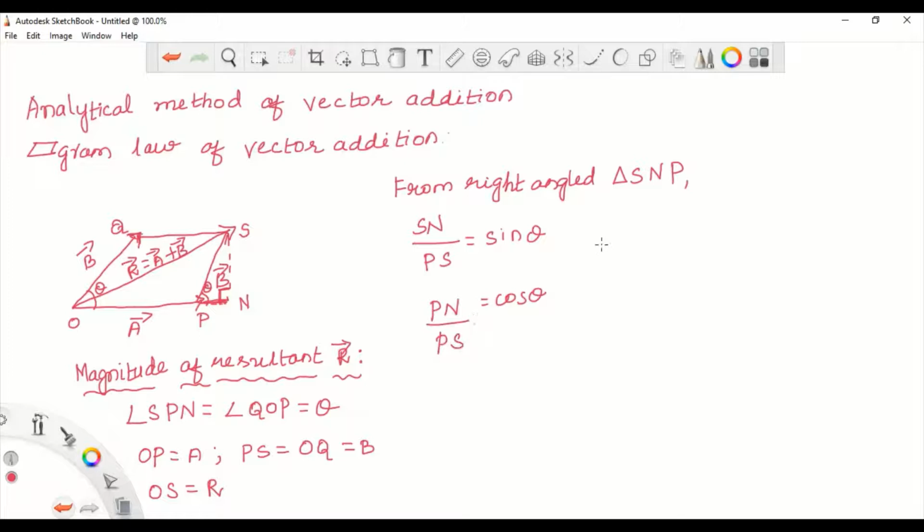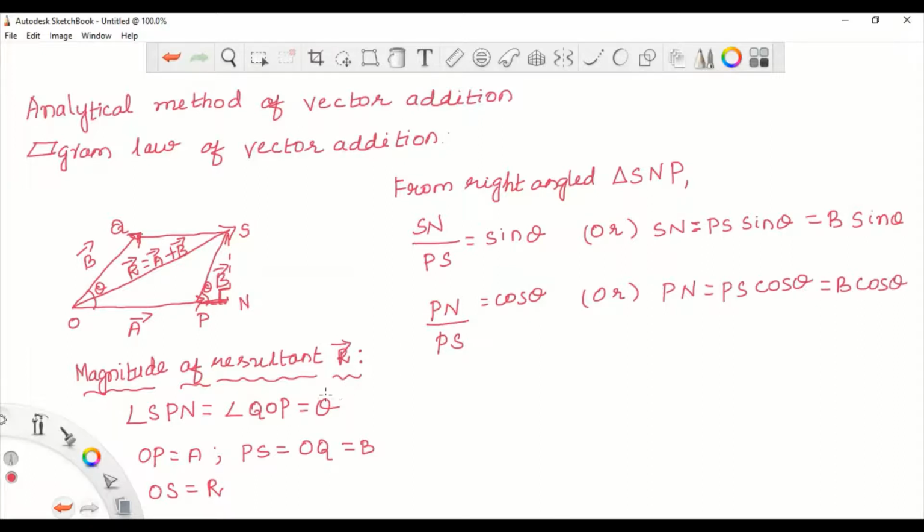From this we can write SN is equal to PS sine theta, and similarly PN is equal to PS cos theta. PS is B, so we will get SN equal to B sine theta, and similarly PN is equal to B cos theta.